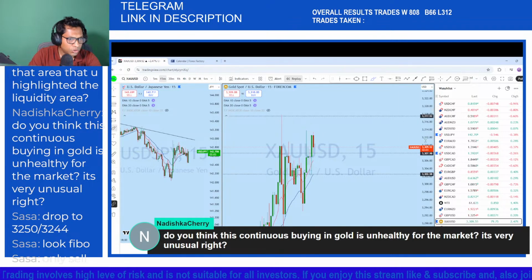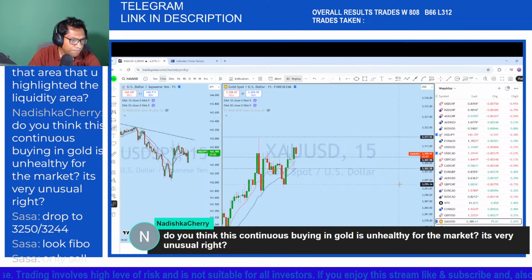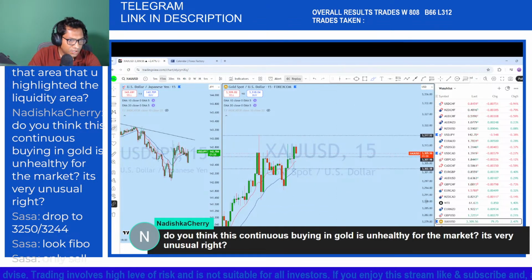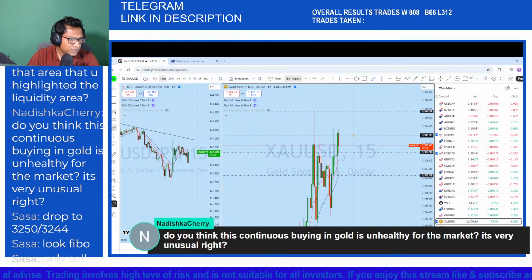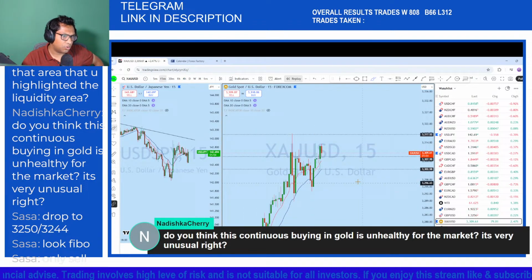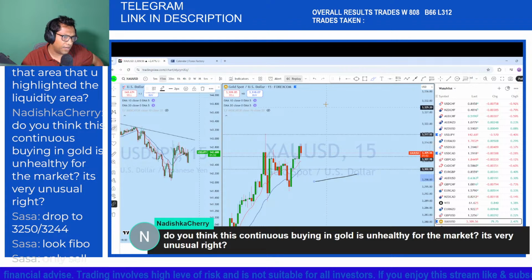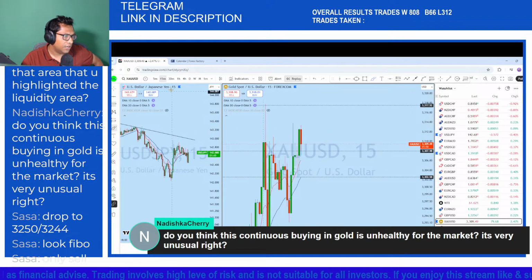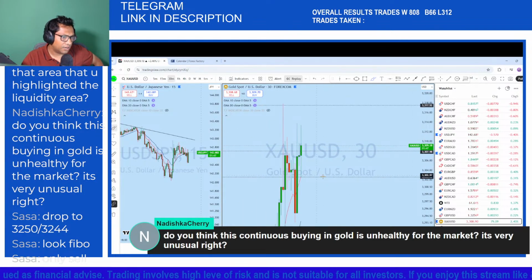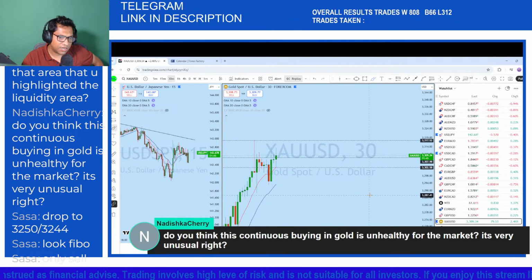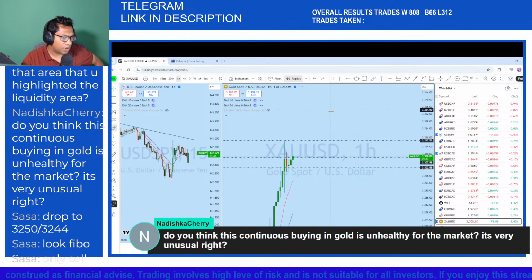15 minutes closing in 2 minutes time, and 3302 is a very important level that we could see the price drop to and then give us potential entry. 30 minutes candle also closing in 1 minute time, and also there is a 1 hour close.